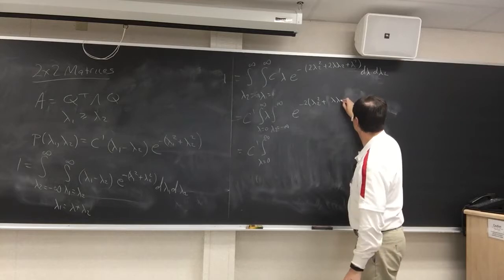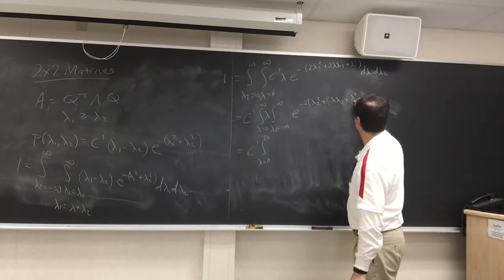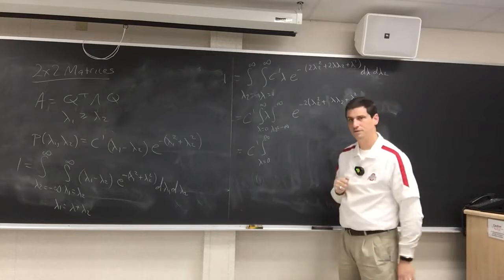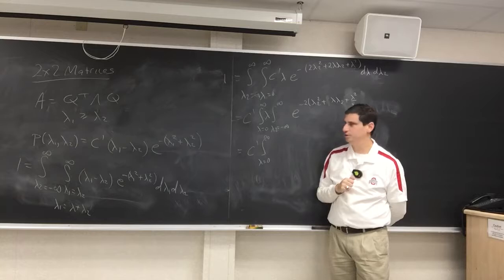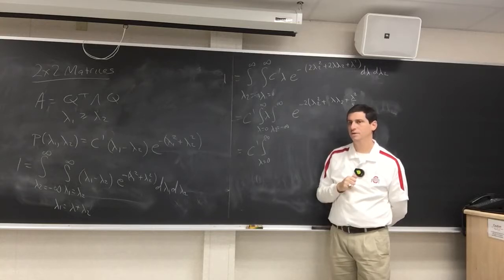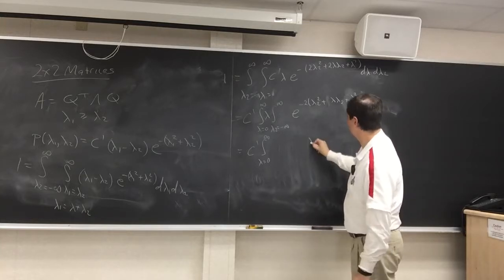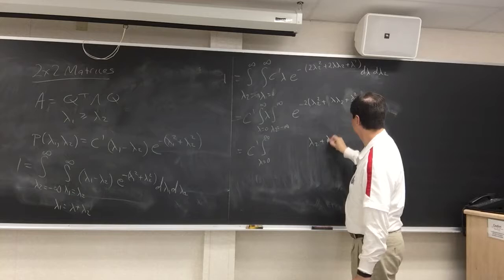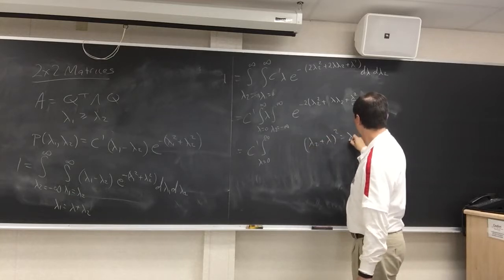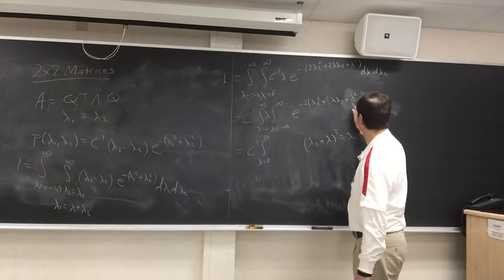Plus lambda squared over 4. Or do I want over 4 or over 2? Don't I want lambda 2 plus lambda over 2, squared? Oh, okay. It's over 2. Yeah.